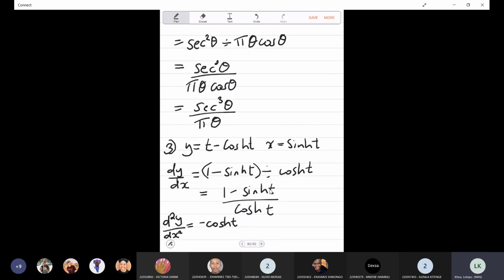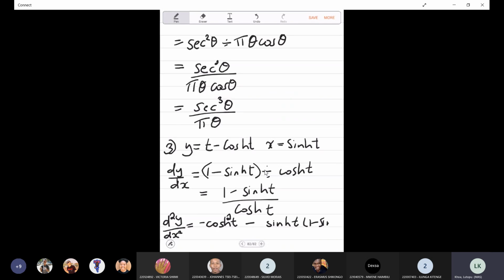Okay, so the derivative of the numerator is cos hyperbolic of t, and then we multiply by the denominator as it is. So I will just have negative cos hyperbolic squared of t. And then I subtract the derivative of the denominator, which is sine hyperbolic of t, and then I multiply that by the numerator the way it is.